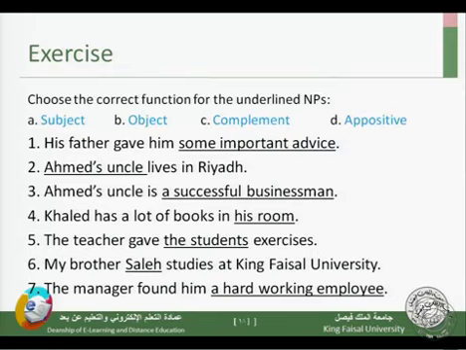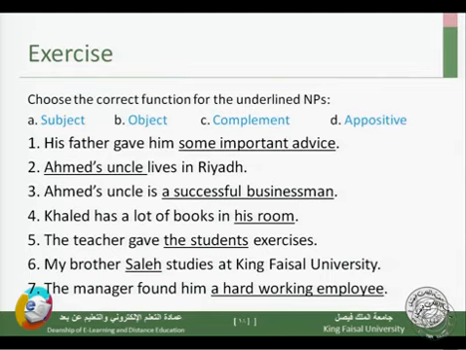If this is what we have, and the second noun is underlined, you choose D, appositive. Number 1: His father gave him some important advice. So what is the function of this noun phrase, some important advice? What do you think?